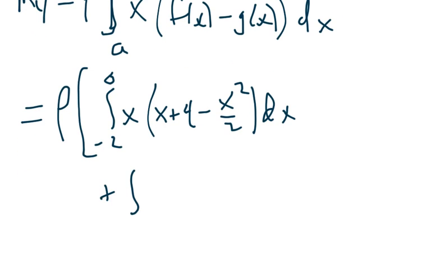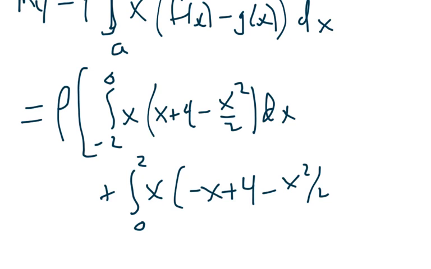And then I'm also going to have to do the integral from 0 to 2, x, and that's going to be minus x plus 4 minus x squared over 2 dx. Right? Okay. So My is equal to rho.